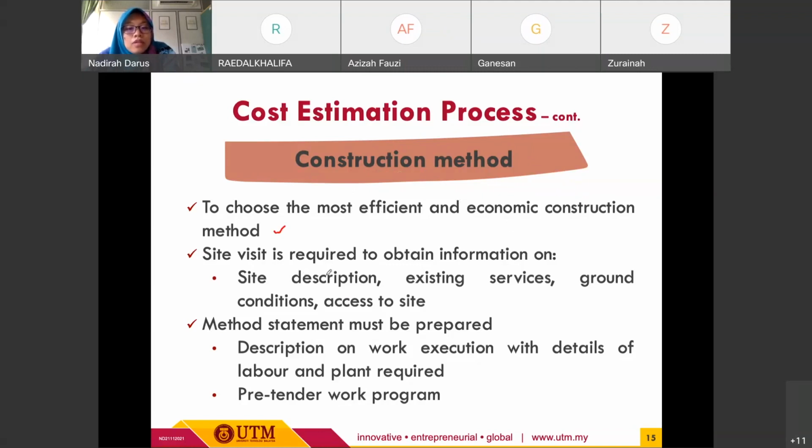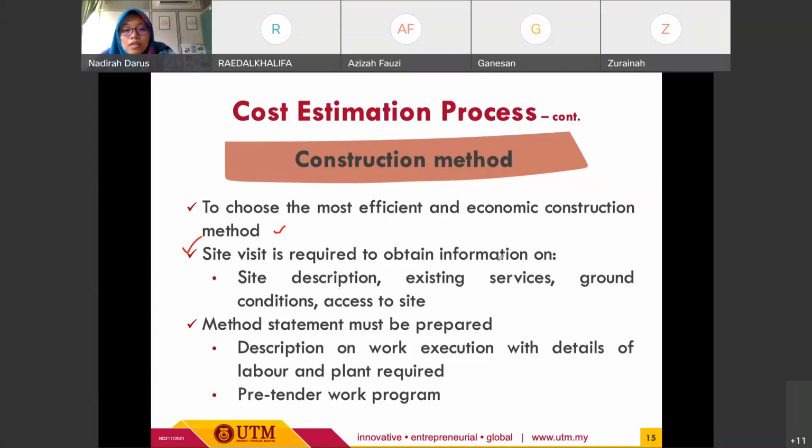All right. So related to this one, it is quite necessary or required for the site visit to be conducted in obtaining this related information, such as detailed site description. Once we have conducted the site visit, we can foresee any existing services, ground condition, and we can know the access to the site.